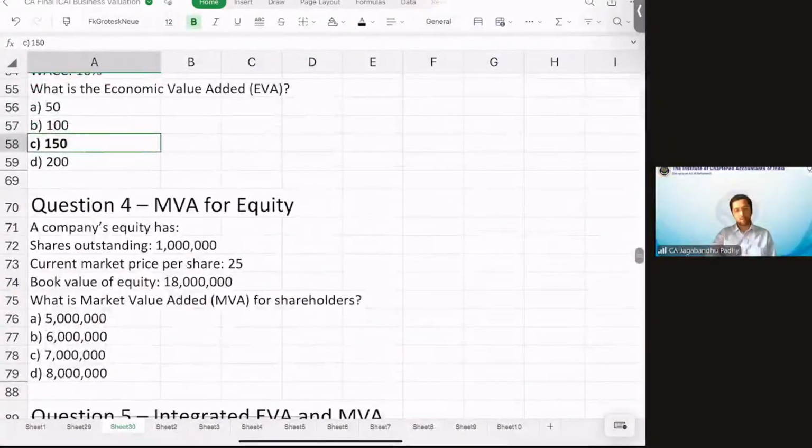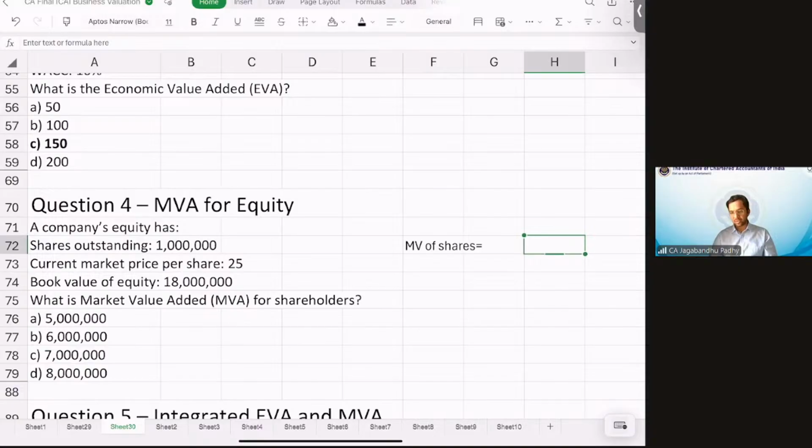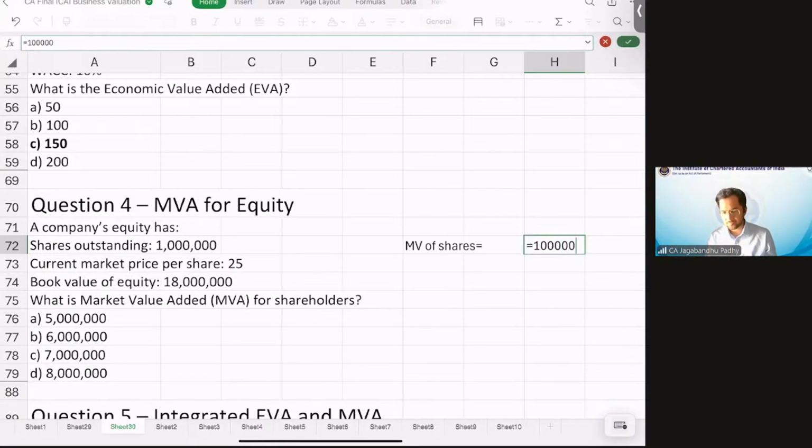Then look at question 4. Shares outstanding are given, current market price is given, book value of equity is 18 lakh. What's the market value added? It's a very easy question. First, you need the market value of shares. The market value of shares will be 10 lakhs into 25.